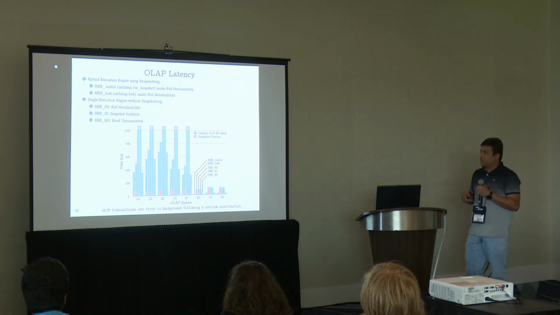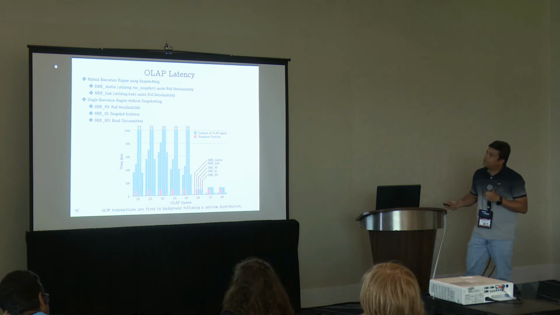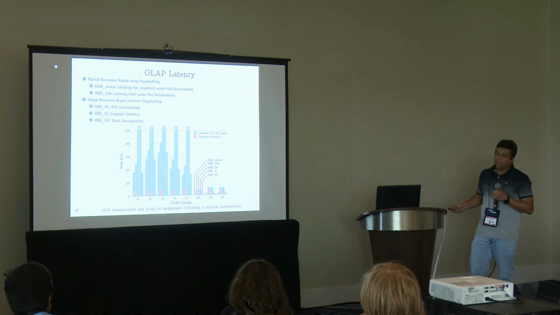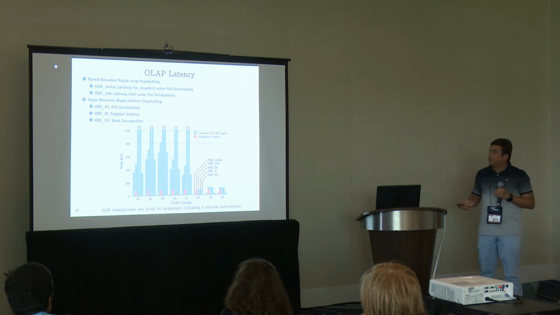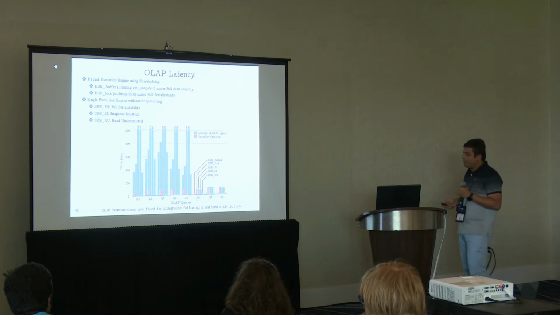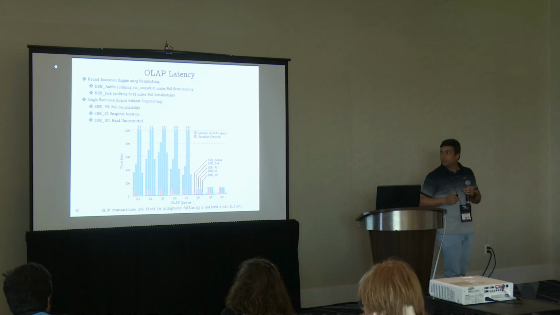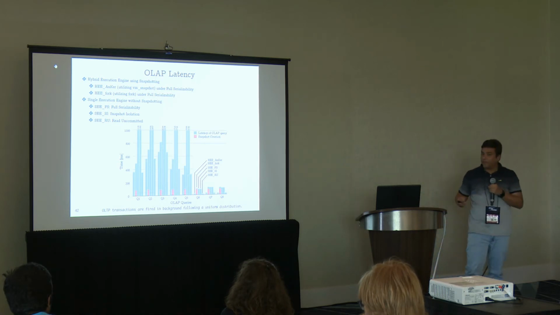So as you can see here, for the single isolation, normal MVCC, without any snapshotting, they have really bad performance because they have to go through these version chains and do all these timestamp comparisons.